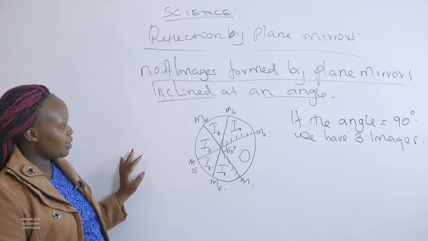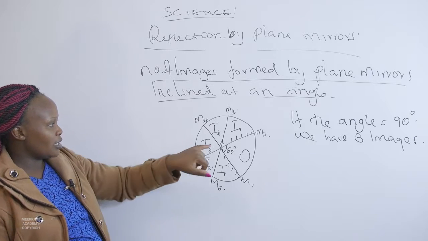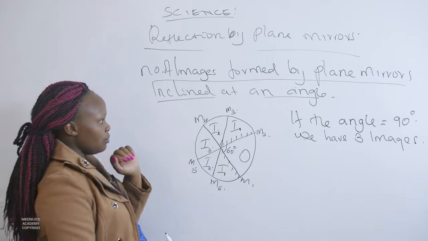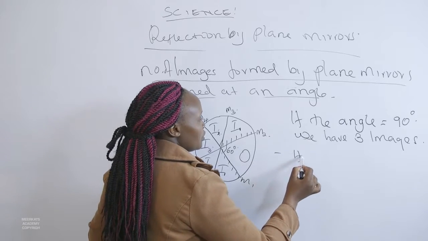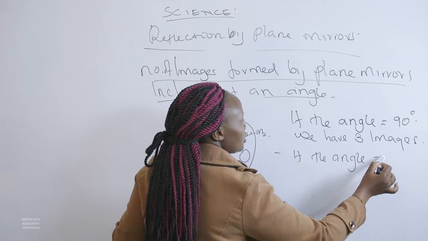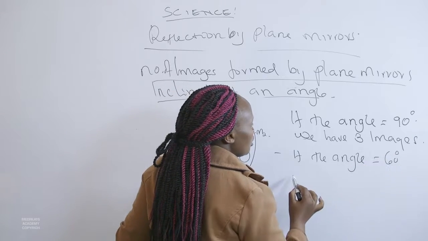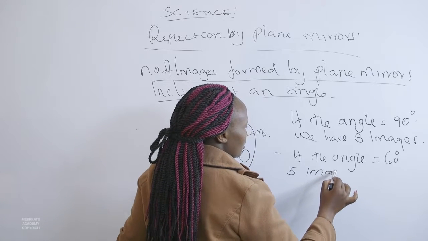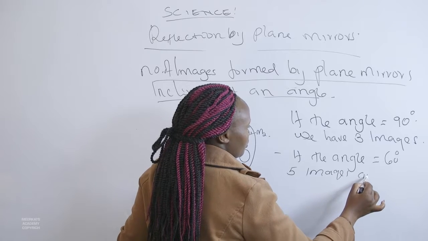Now, when that happens, you realize that you will have 5 images. If the angle is 60 degrees, now 5 images are formed.